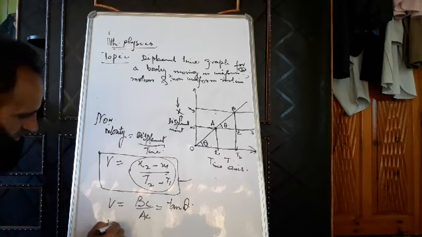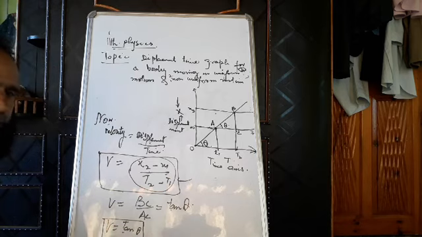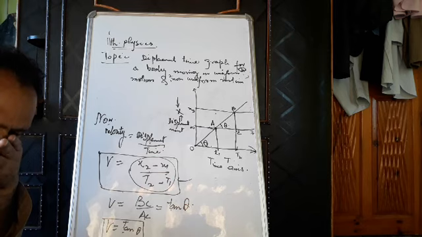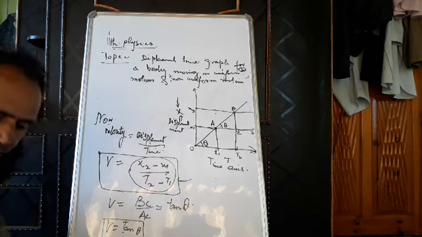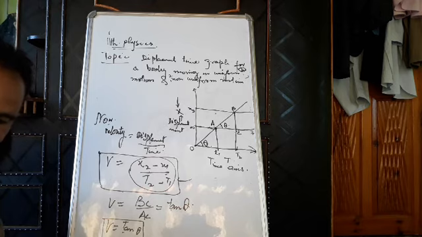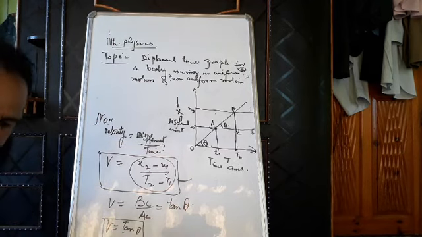So the slope of the graph of a body moving in a uniform motion, V, is equal to tan of theta.